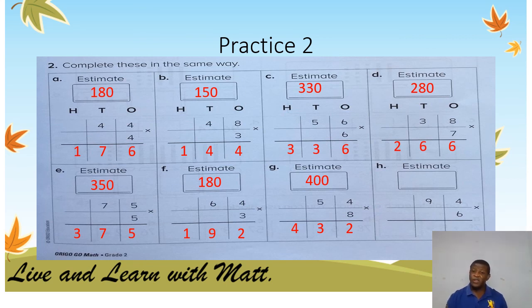Part H, the estimate is 540 and the actual is 564. Please copy it out and you can pause the video now to copy in your book.